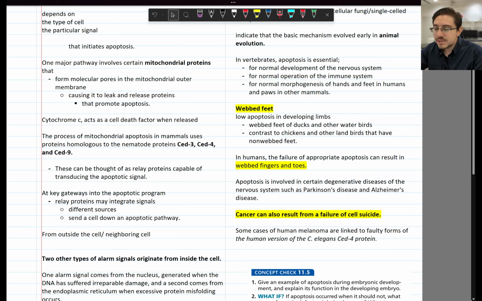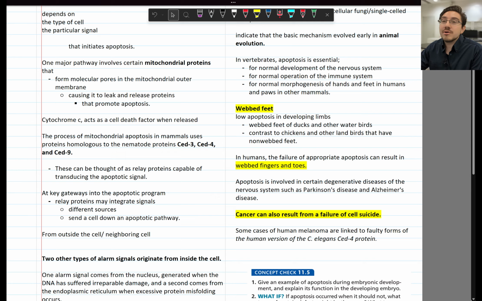And lastly, apoptosis has been seen to be involved in degenerative diseases of the nervous system, like Parkinson's and Alzheimer's disease. In some cases, cancer can result from failure to trigger apoptosis.